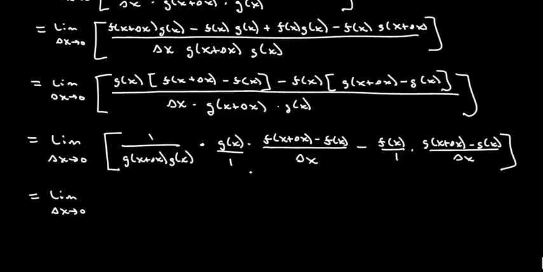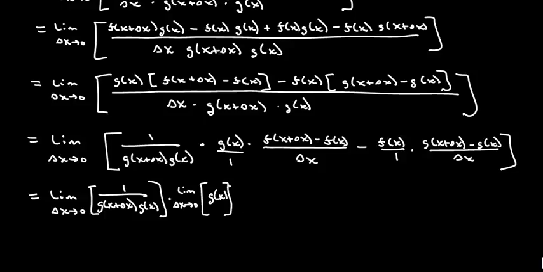So now what I can do is I can take the limit of each of these guys all separately. So I can take the limit of 1 over g of x plus delta x times g of x, times the limit as delta x again goes to 0 of g of x over 1, which is just g of x, times the limit as delta x goes to 0 of f of x plus delta x minus f of x over delta x.